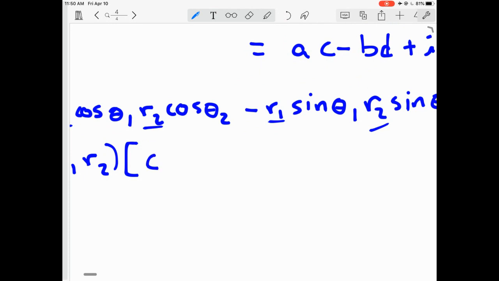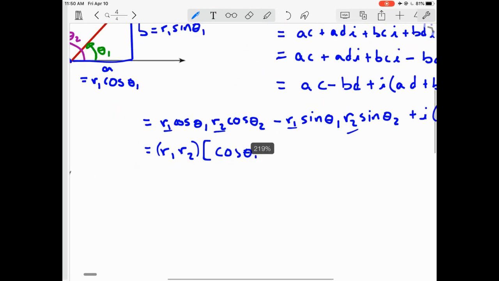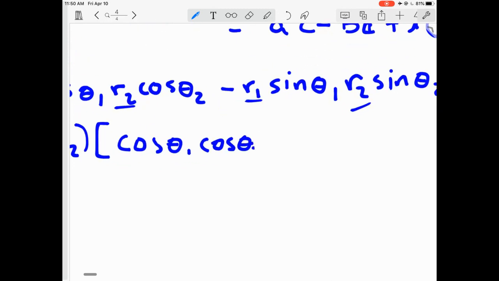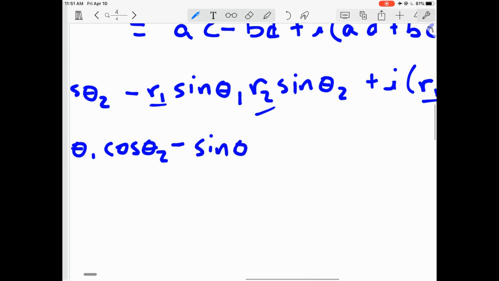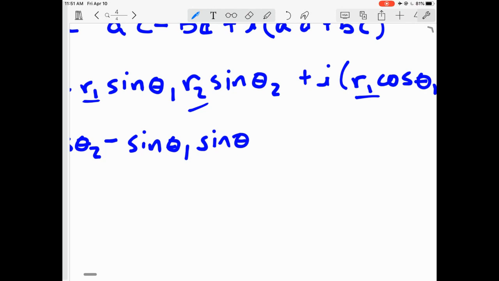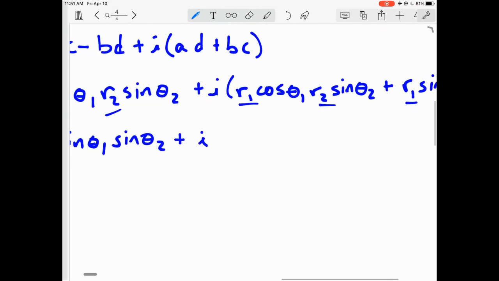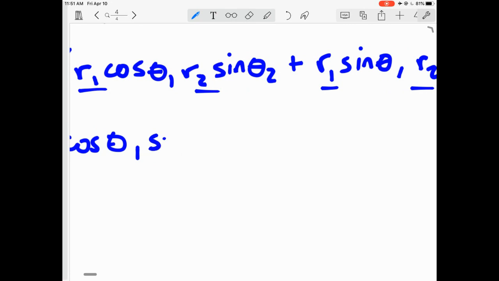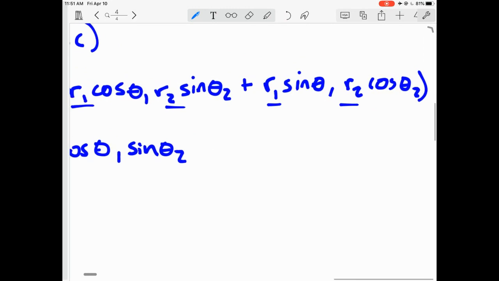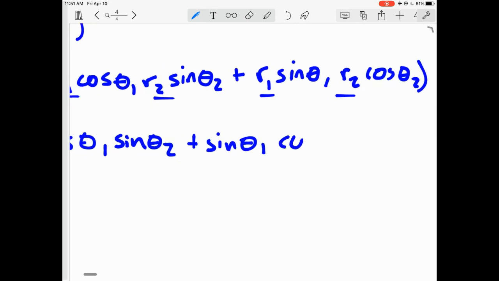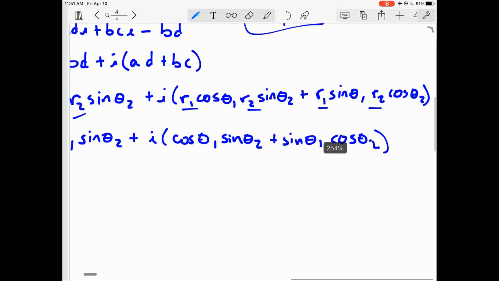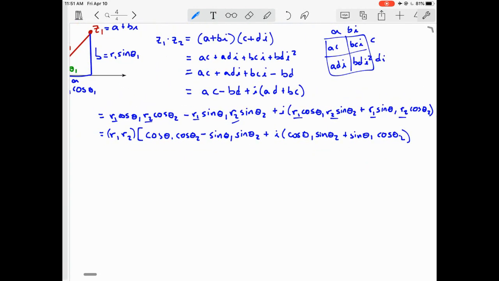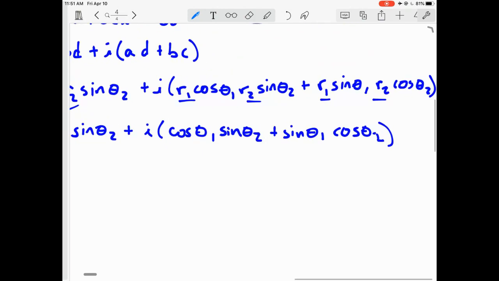So factoring that out of everything, we have r1 r2 times cosine theta 1 cosine theta 2 minus sine theta 1 sine theta 2 plus i cosine theta 1 sine theta 2 plus sine theta 1 cosine theta 2. And we'll close this big bracket here.